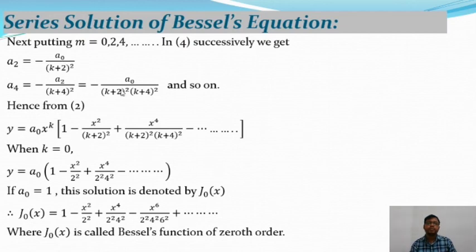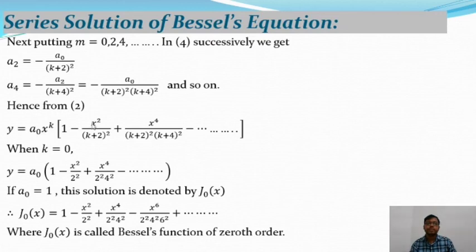So from this we will get a0 into x to the power k into [1 minus x square by (k plus 2) whole square plus x to the power 4 by (k plus 2) whole square into (k plus 4) whole square, and up to infinity]. Okay. So this is the general solution of the given Bessel's equation.